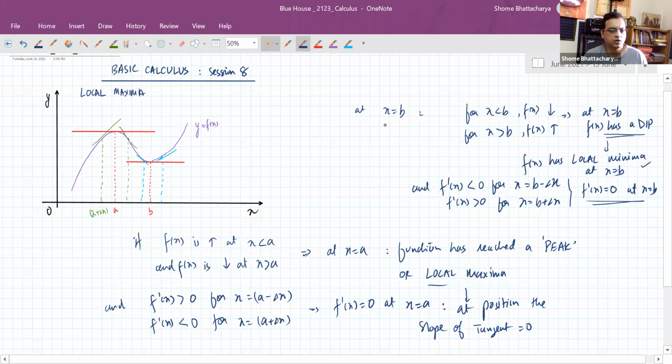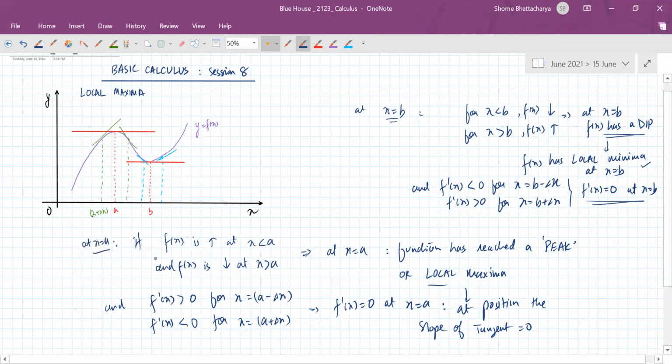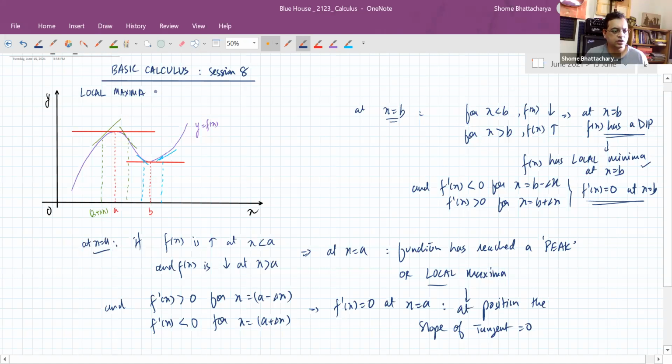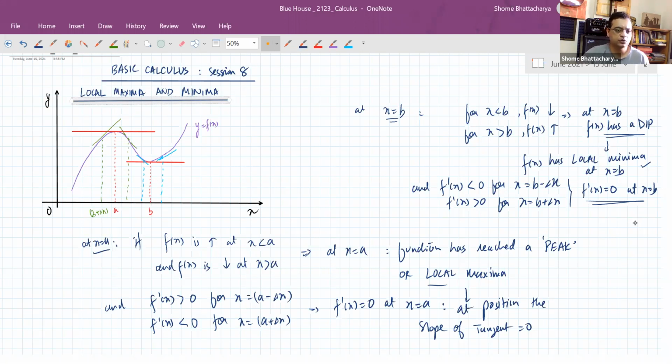The analysis of the point x equal to B, which I've written here, and the analysis at the point x equal to A, I've written here. So basically the analysis of local maxima and minima. And as you can imagine, the graph of the function can be such that it has any number of peaks and dips, including 0. A function may not have any peak and dip, so it does not have any local maxima or minima, or it has only local maxima, or only local minima, or it might have any number of local maximas or minimas.